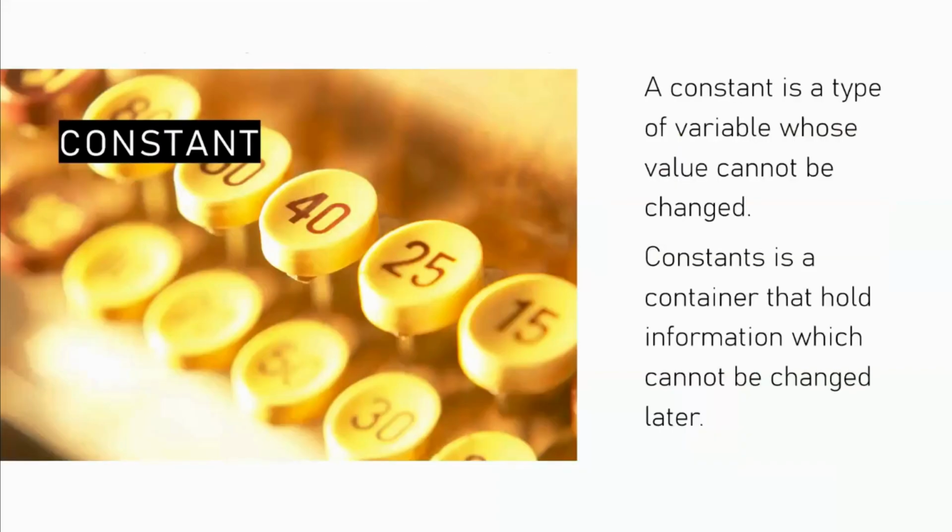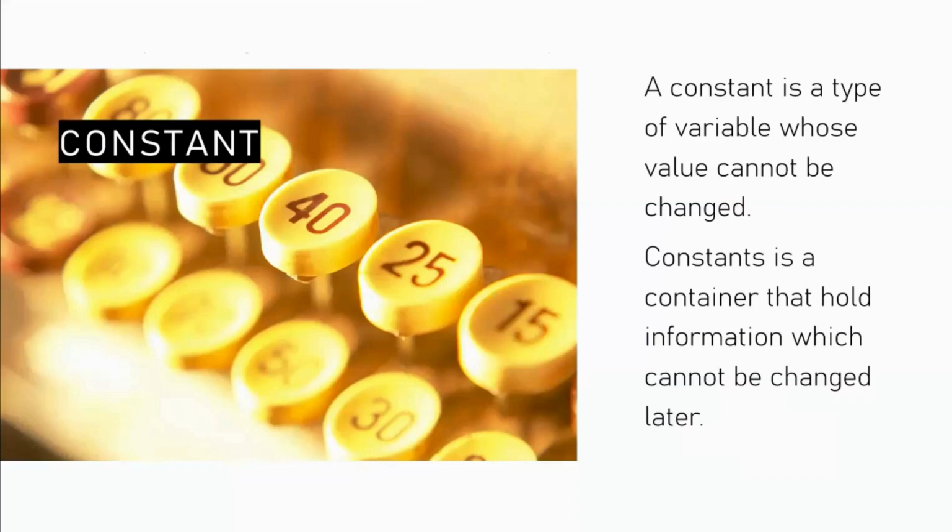Coming to constant. A constant is a variable whose value cannot be changed. Now think: there are many things which keep on changing. Like our age, it keeps on changing. Like day and night, it keeps on changing. The weather keeps on changing. The climate keeps on changing.